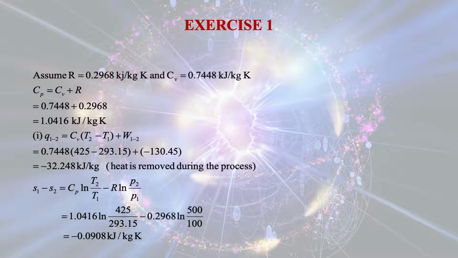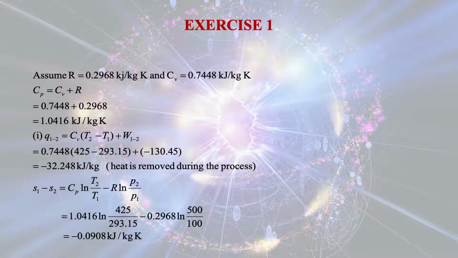For this problem, the value of R is 0.2968 kilojoule per kgK and Cv is also given. So we can calculate the specific heat at constant pressure, which is equal to the specific heat at constant volume plus R. So the value of Cp comes out to be 1.0416 kilojoule per kgK.